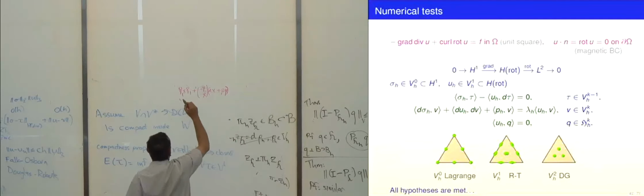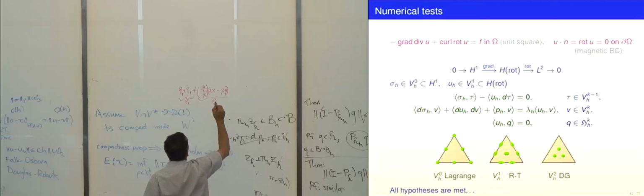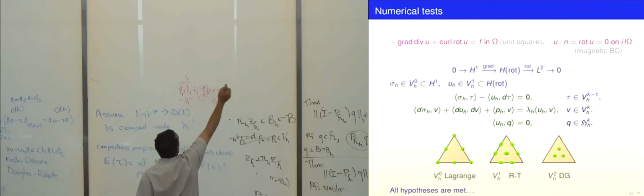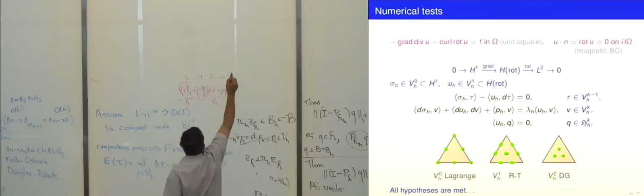So this is a linear part, and this is a quadratic part, but you have only special quadratics. And this has dimension 3 and 3, so this is 6 and an extra 2. And so that's an 8-dimensional space.